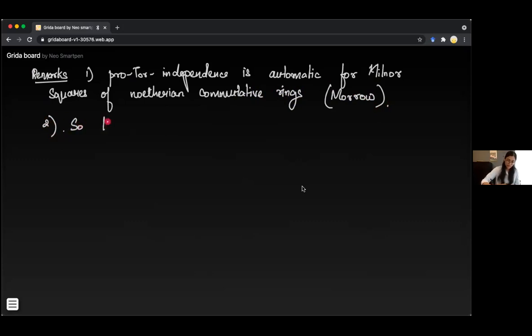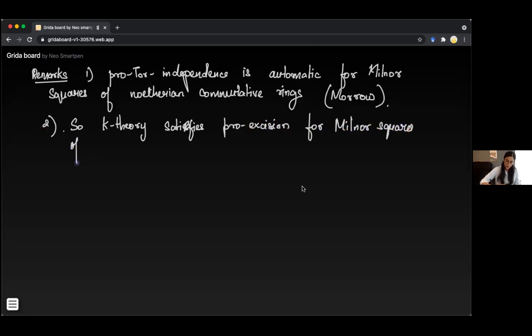So K-theory satisfies pro-excision for Milnor squares of Noetherian schemes. This follows from Land-Tamme plus remark 1 and Zariski descent.